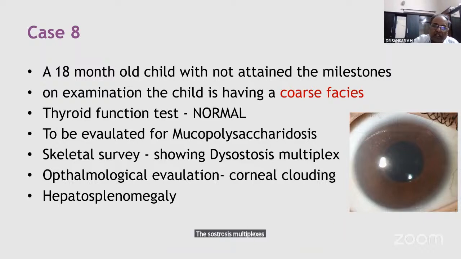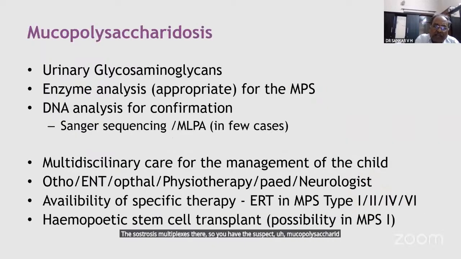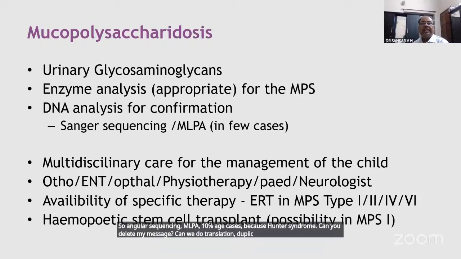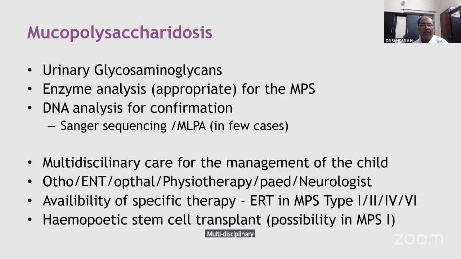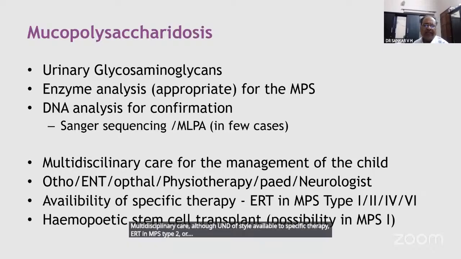So you have to suspect mucopolysaccharidosis. We have to do DNA analysis for confirmation: enzyme analysis, DNA analysis, Sanger sequencing, MLPA in 10% of cases. In Hunter syndrome, 20% can be due to deletions or duplications. Multidisciplinary care: ortho, ENT, ophthalmology. Availability of specific therapy: ERT in MPS type 2, or hematopoietic transplant. Everything you have to counsel.